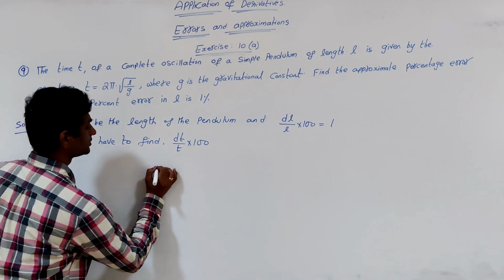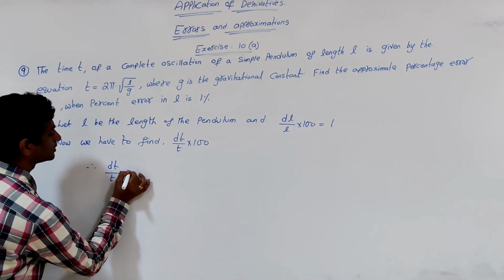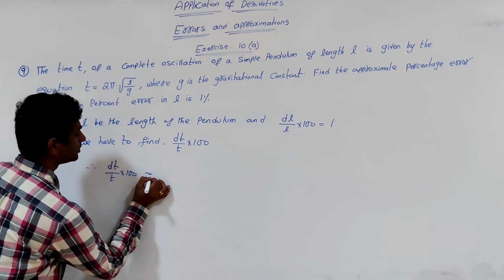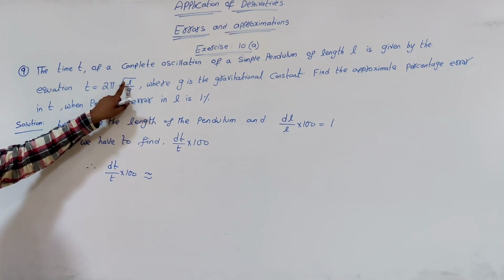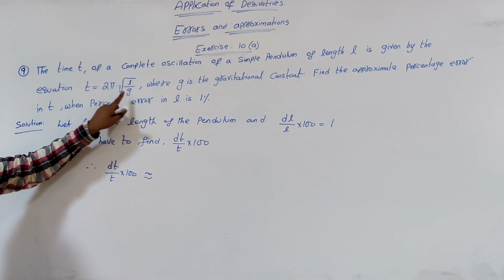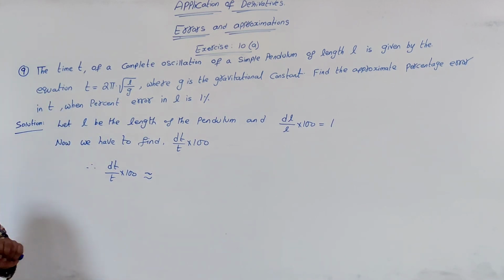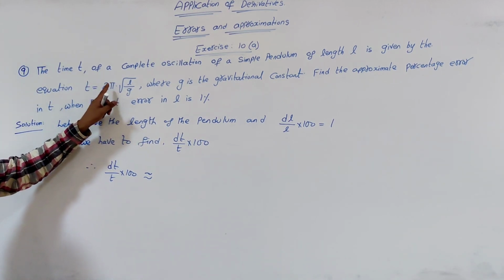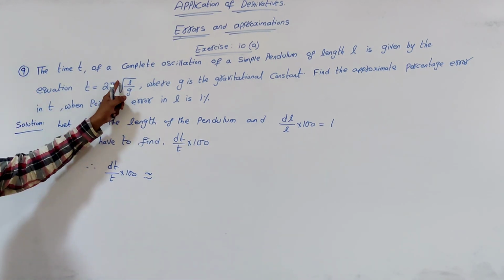Therefore dt by t into 100 is approximately equal to dt. So t is 2 pi into root L by root g. So 2 pi is constant, root g is also constant. So t depends upon length. Now what is the derivative of root L?